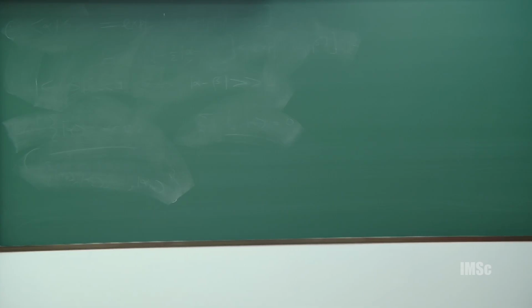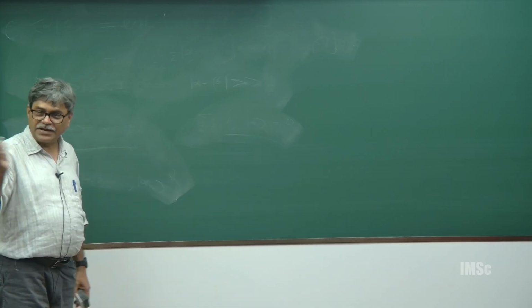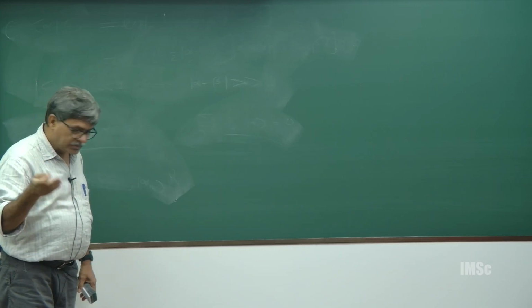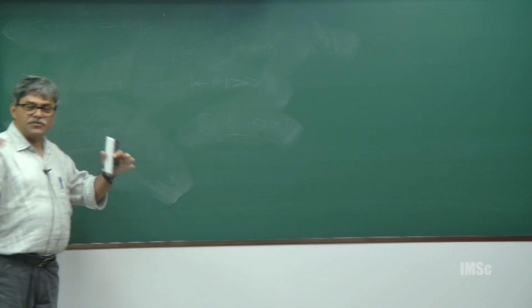So now, once we have this result, that this is an over complete basis, I choose any density matrix. I suppose all of you know what a density matrix is, right. You can think of a density matrix as a mixture of projections on pure states.